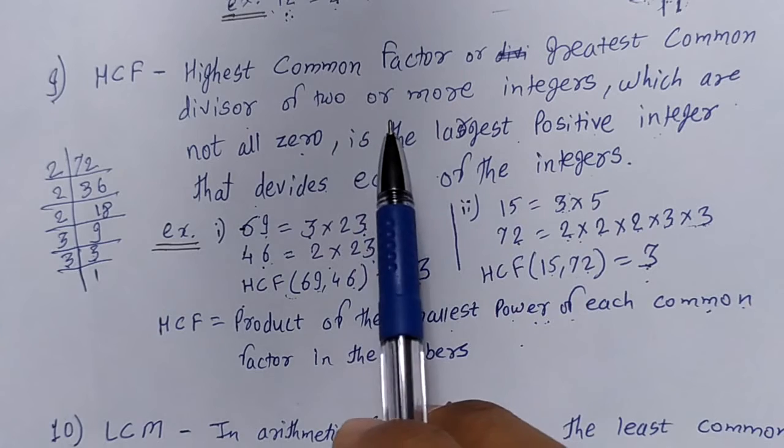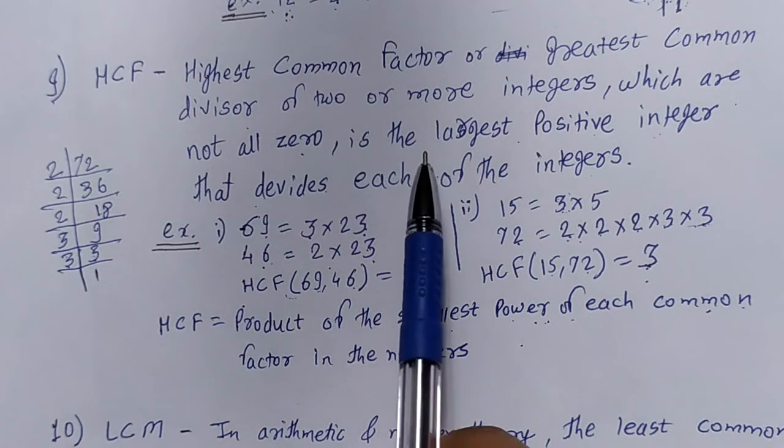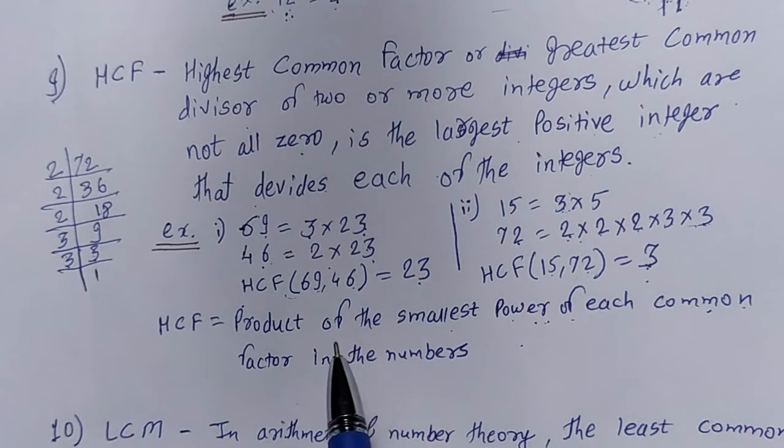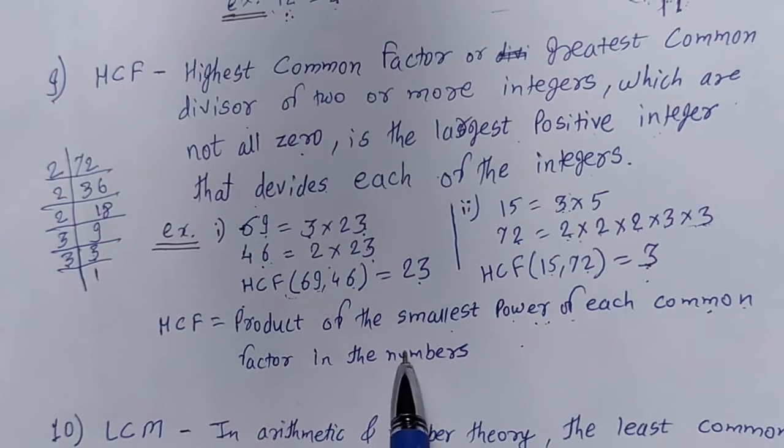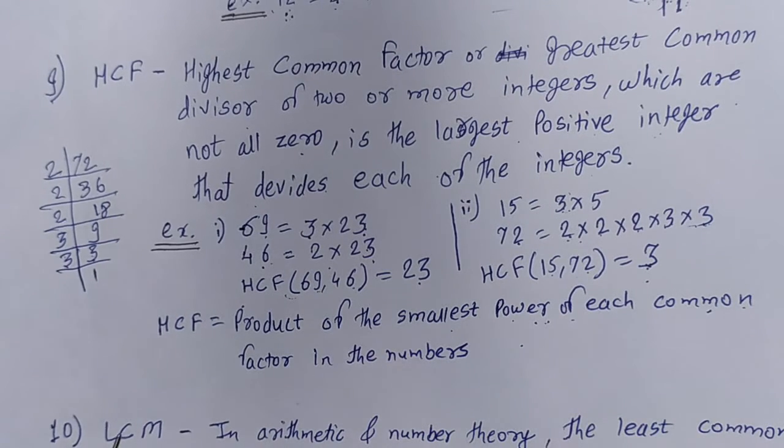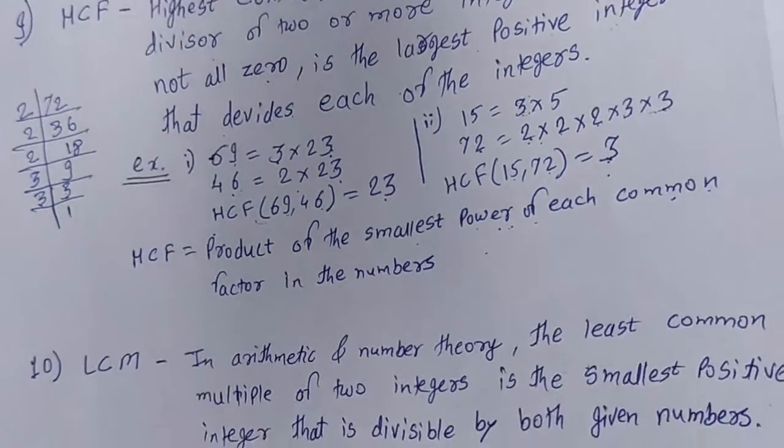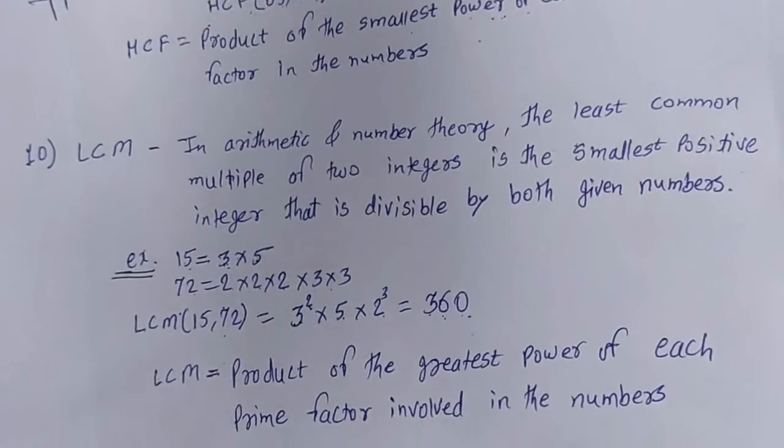That will be all. If you understand these two definitions, then it is easier to calculate the HCF of any given numbers. Okay, let's see the definition of LCM and how to calculate the LCM of given numbers.